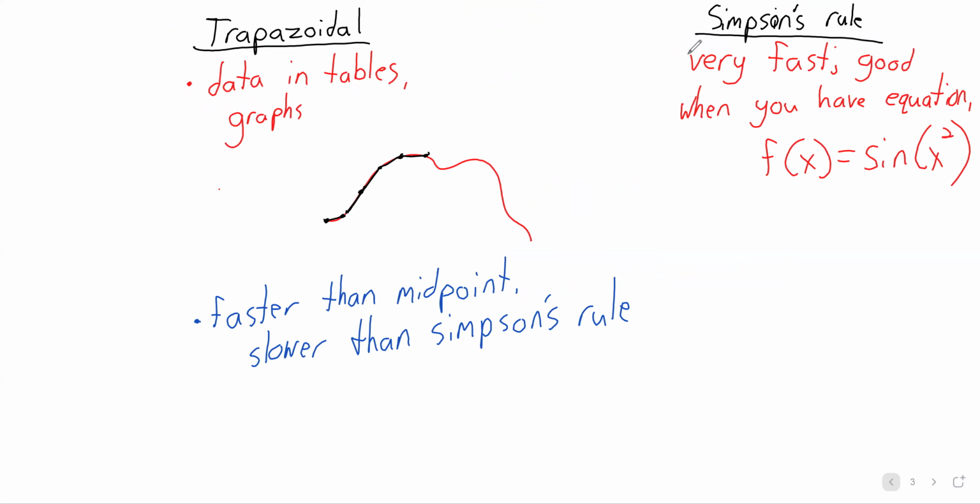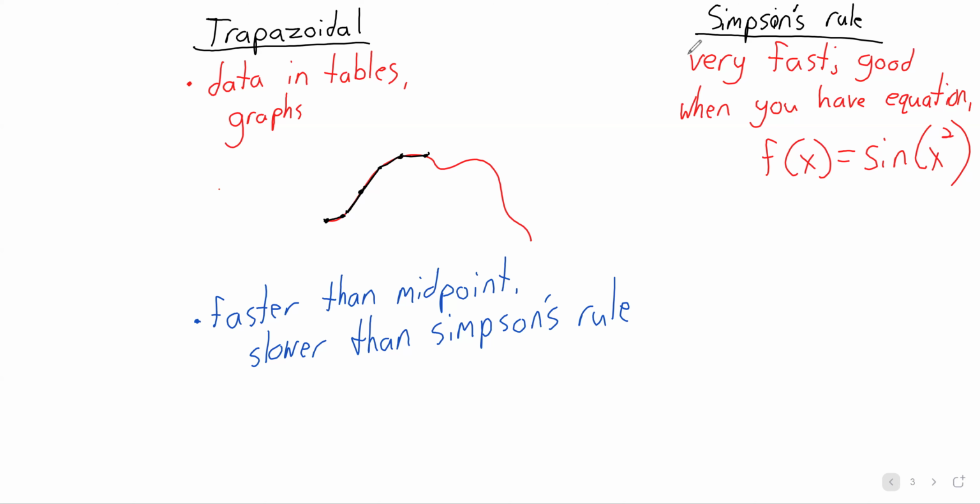And like I said about the midpoint rule sort of being left out in the cold here, well, we can't use it for tables. I guess we could use it for graphs, but we can use the trapezoidal rule for graphs, and that's faster. If we have a function, it's always going to be Simpson's rule, because Simpson's rule is the fastest rule we have.